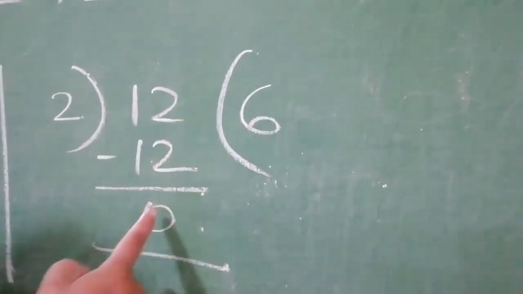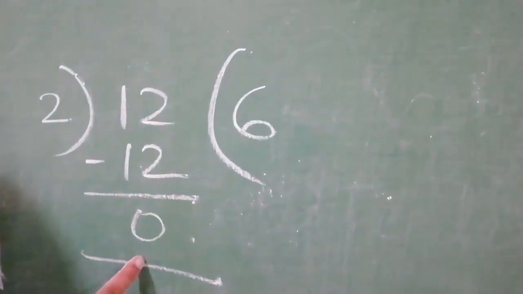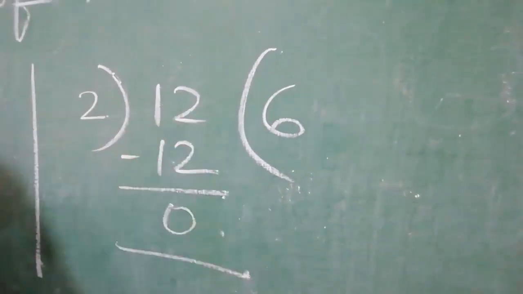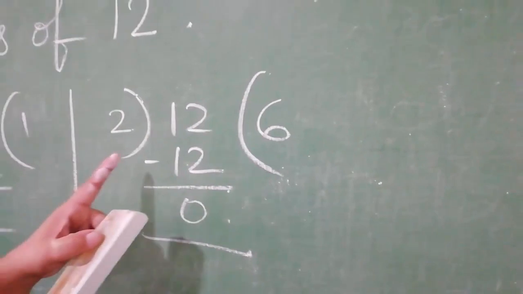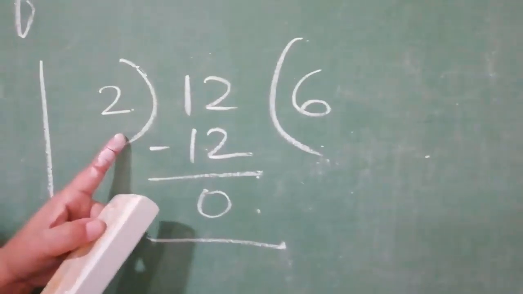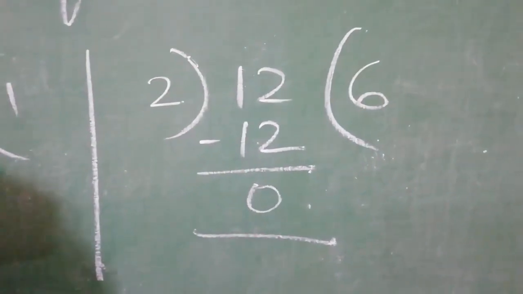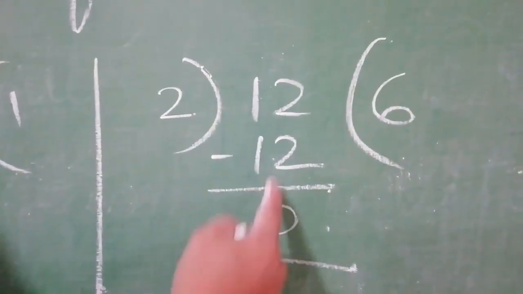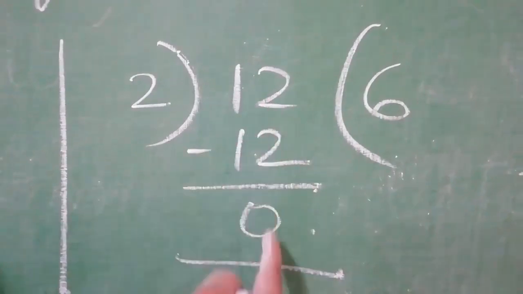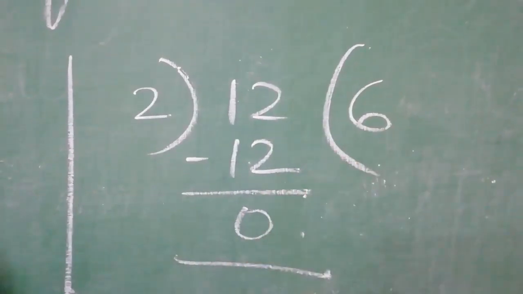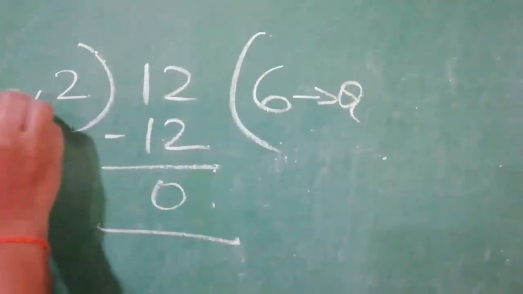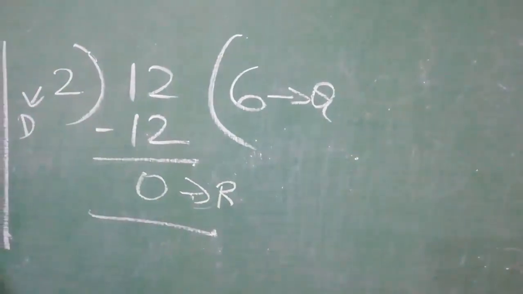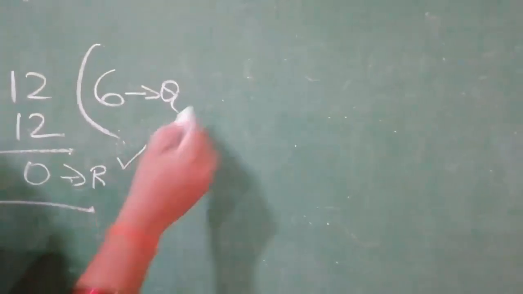When we divide a number and the remainder is 0, then both the quotient and the divisor are factors of the given dividend. Here check, 12 divided by 2: is it exactly divisible or not? Exact divisible means when we divide the number, the remainder is 0. This is called exact division. Both quotient and divisor are the factors of the given dividend. So 2 is a factor.